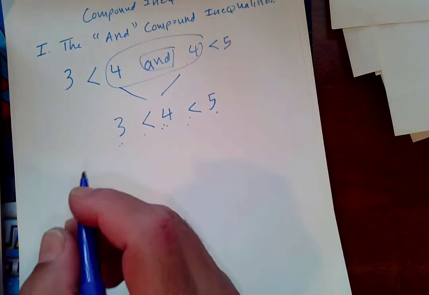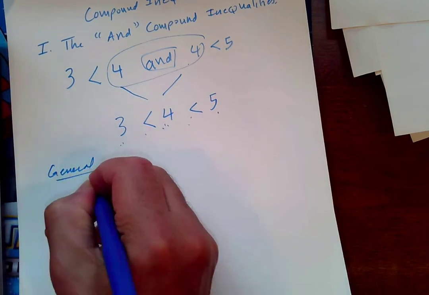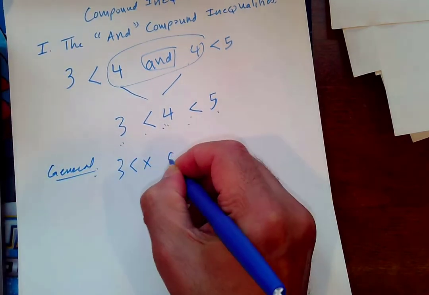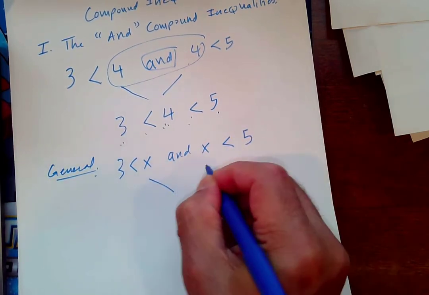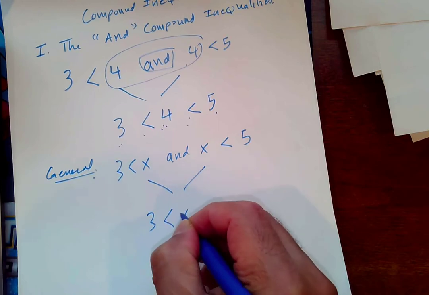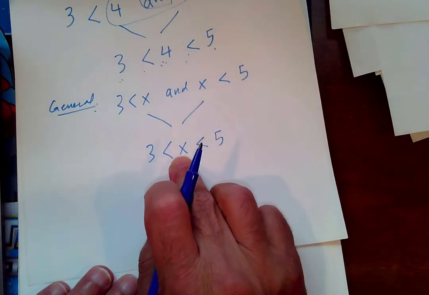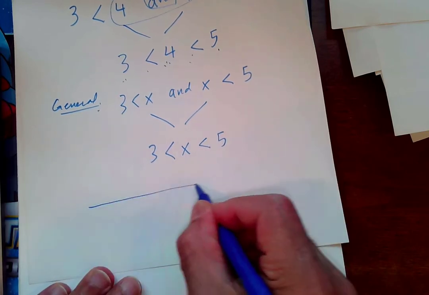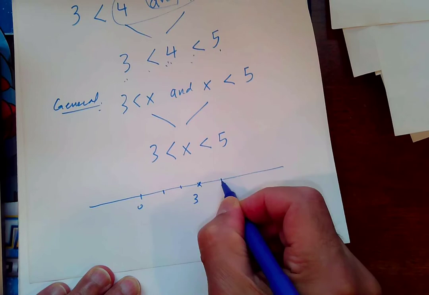Now in general, you can say 3 is less than x and x is less than 5, and you can write it as 3 is less than x less than 5, which means every real number between 3 and 5. Graphically speaking, you're starting at 3, you're ending at 5.